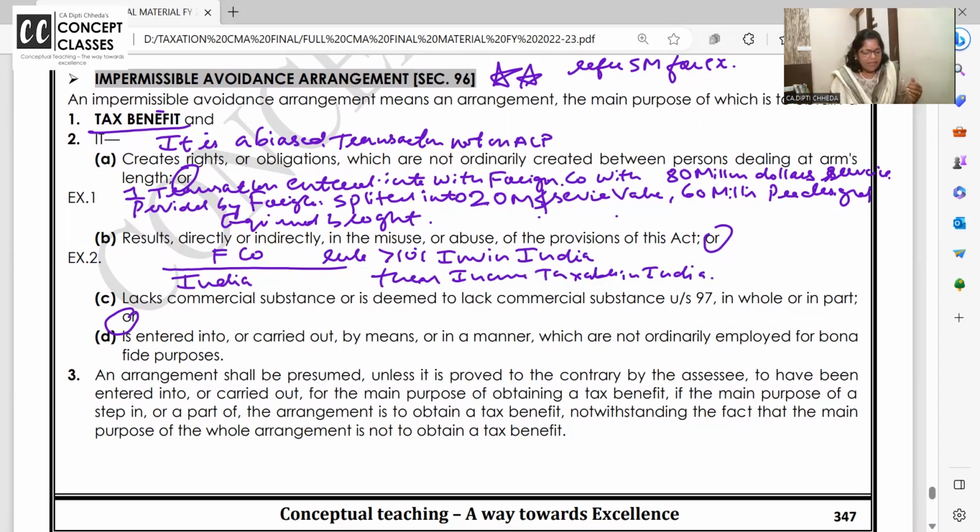Foreign company, if they invest more than 20% in India, then income will be taxable in India. This is as per DTAA. Are you all writing with me? More than 20% investment in India, then income is taxable in India. ऐसा DT agreement है एक कंट्री का दूसरे कंट्री के साथ. ओके?